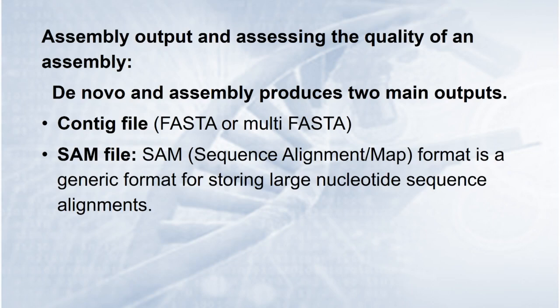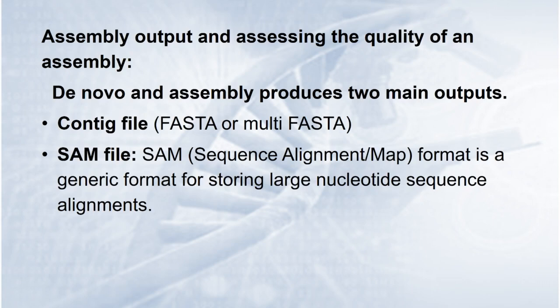It's very unlikely for any of you that you will end up, even if you started with a bacterium that has a single chromosome, with one FASTA file, one long contig. But you'll have a FASTA file or a multi-FASTA file, which means that it'll produce a file that has several to thousands of FASTA sequences that represent the original genome from your bacterium.